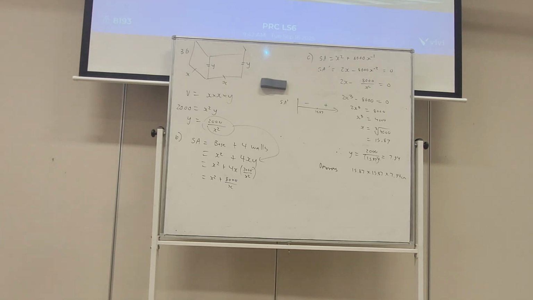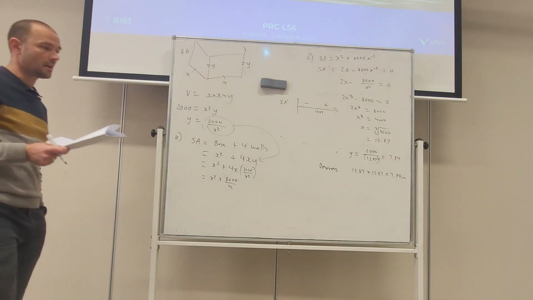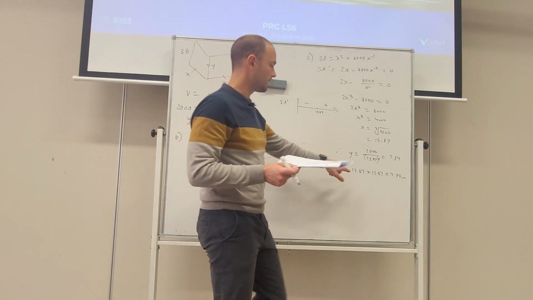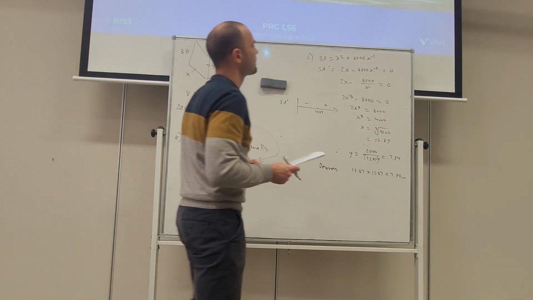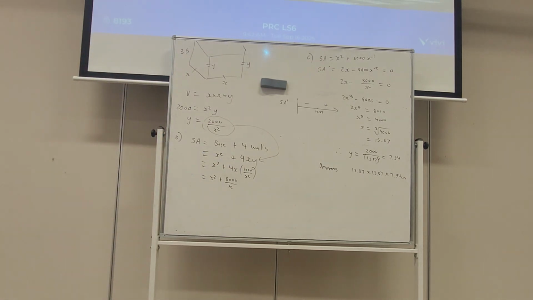Then part D says find the minimum surface area. All that's going to involve is putting the number 15.87 into the surface area function. So it's surface area when x is 15.87.